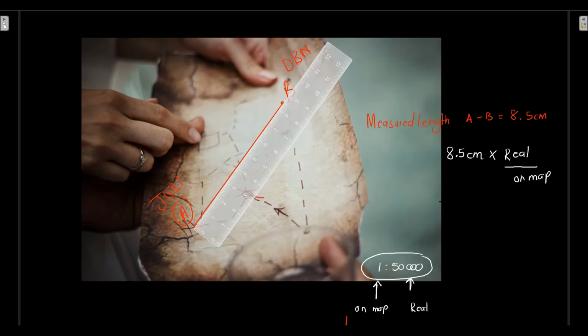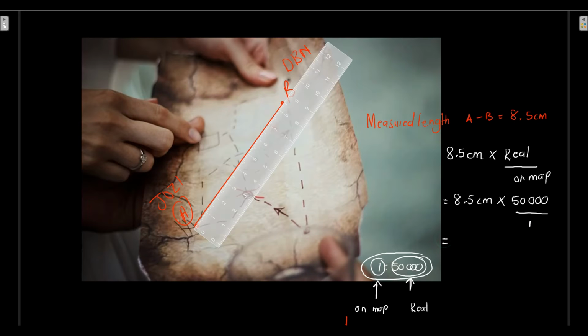Durban. Okay, so if you then take 8.5 centimeters, multiply by what you want, which is the real life distance, which is 50,000, and you divide it by what you have, which is this 8.5 centimeters represents the distance on the map. So you divide by what you have of 1. What do you actually get?